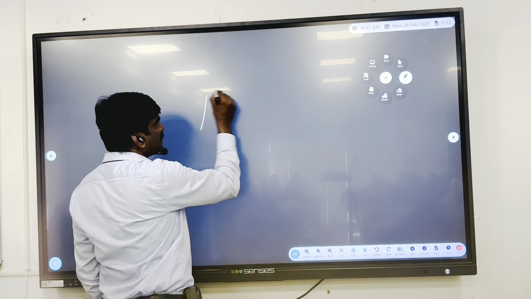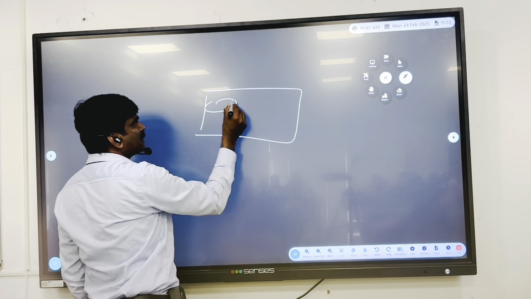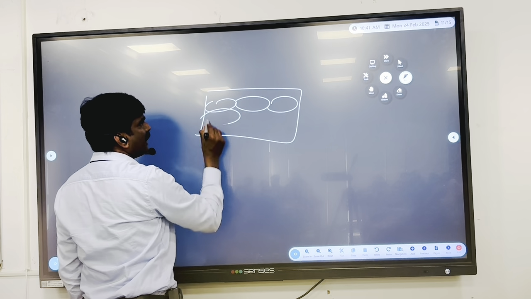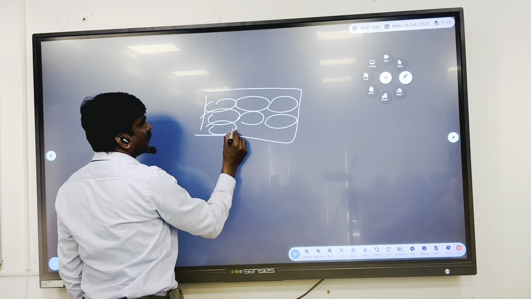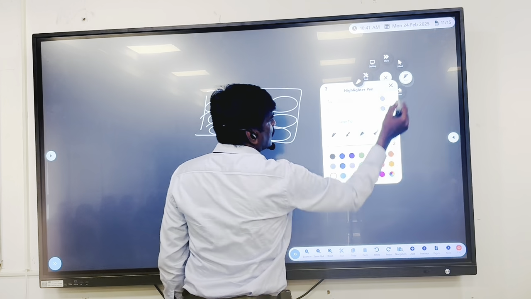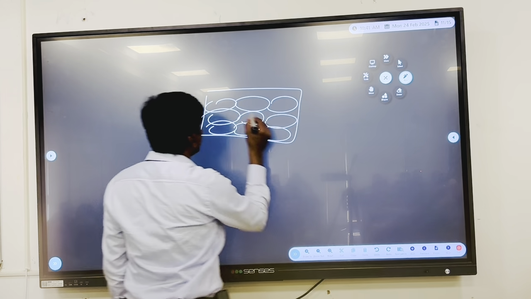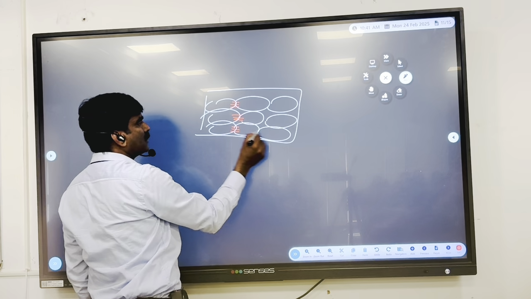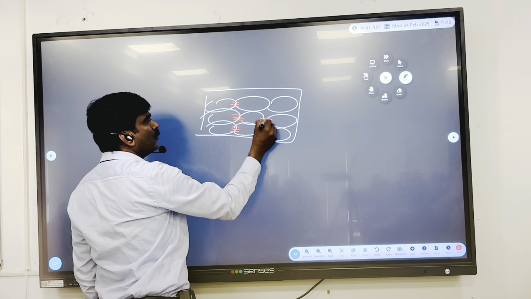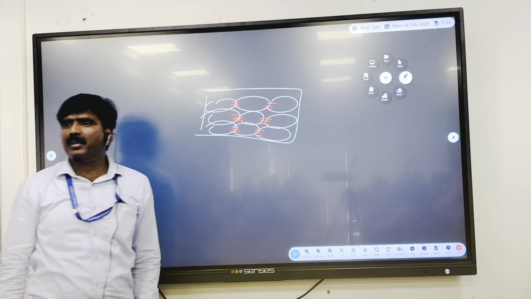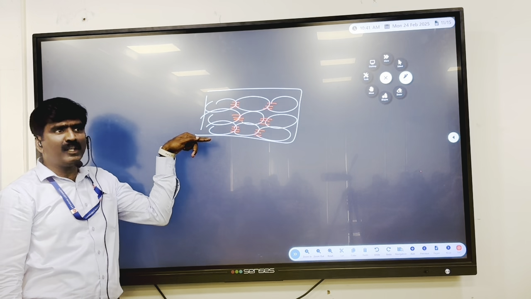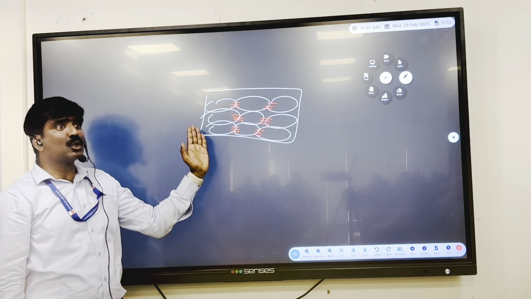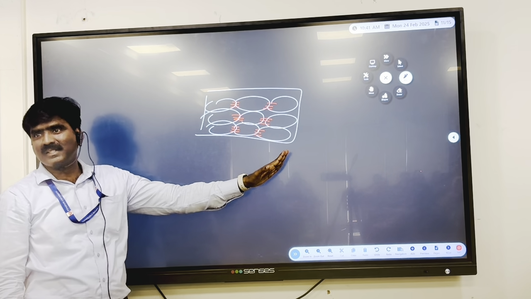See, if you take the cells, this is first cell, second cell, third cell, right? The windows will be more. The gap junction will be more. So what will happen? If sodium is entering into one cell, more sodium will enter into the other cell.